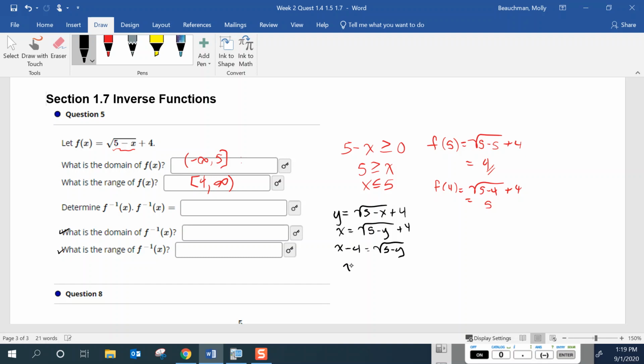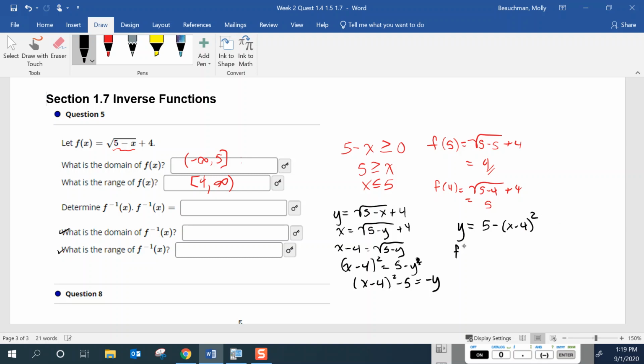Square both sides. x minus 4 squared is equal to 5 minus y. Subtract 5 from each side. x minus 4 squared minus 5 is equal to negative y. Now I want to multiply through by a negative to get y positive. So I get y is equal to 5 minus (x minus 4) squared. You could also write it as negative (x minus 4) squared plus 5.